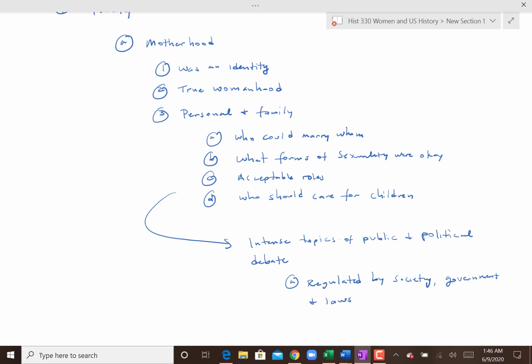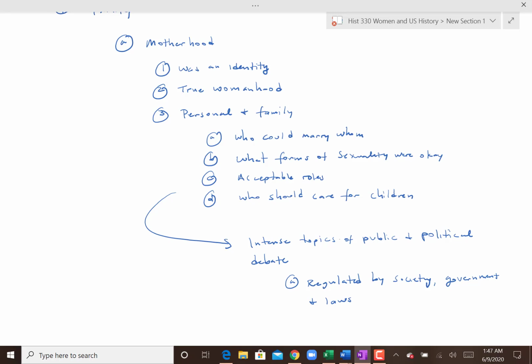And it's not the same everywhere. In the US, a really good example of that is that in the South, during the antebellum period, when you have slavery at its height, Southern white women and the definition of motherhood was very different than in the North, because slaves often raised the children.